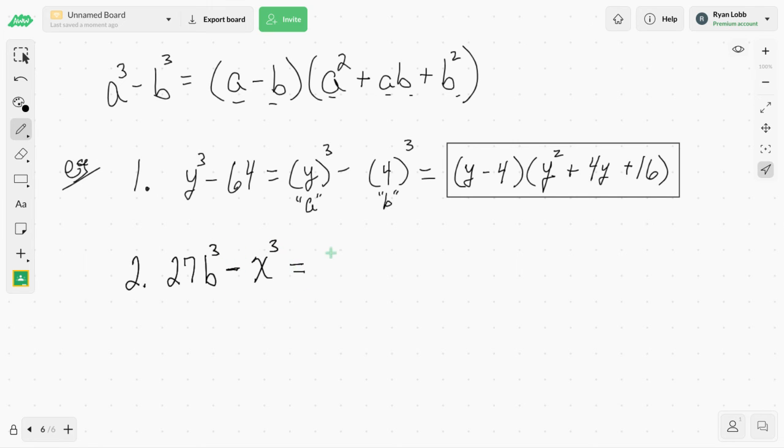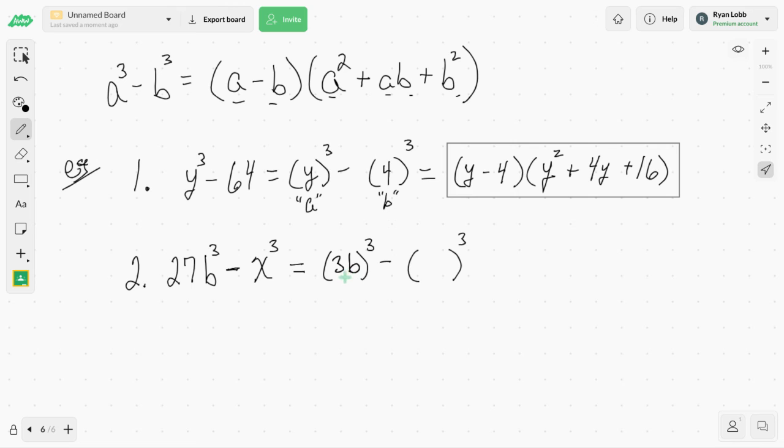And what you want to do is identify and say, what can I replace in those parentheses to get this term? Is there anything I could plug into that parenthesis so that when I cube it, I get 27b cubed? And I think you would come up with 3b.